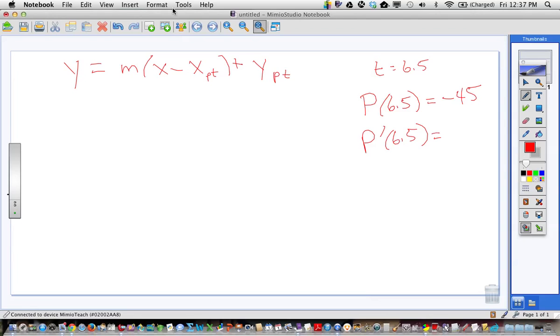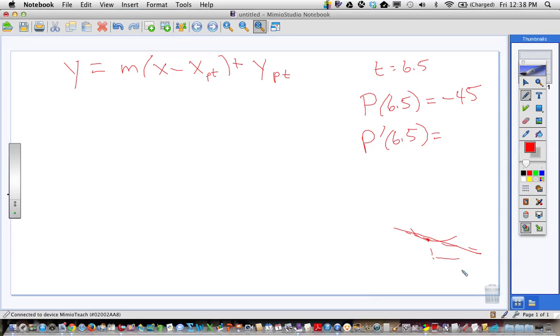Now what if we weren't given that v graph, though? How would we find p prime? Draw a tangent line. You would go into the graph at 6.5, and it might be right down here somewhere, and you would draw yourself a tangent line like so, and then do a slope triangle thing, a rise and run, to estimate that slope.